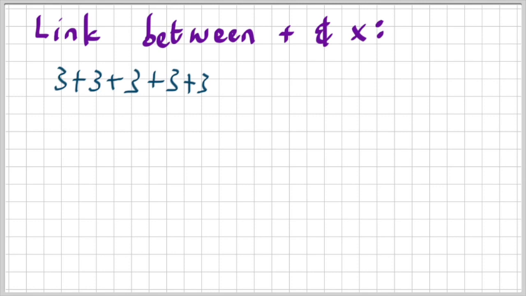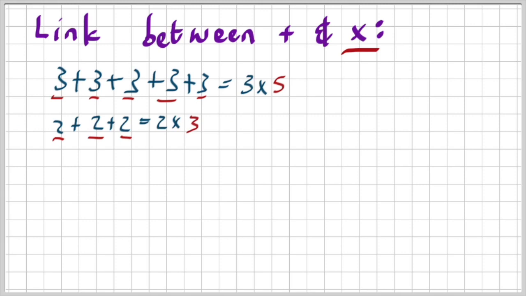Now I'm giving you a tip. Multiplication. Well, I can say there are 5 threes, so 3 times by 5. What if I give you 2 plus 2 plus 2? What would be a shorter way of writing that? Well, 2 times by 3, okay?